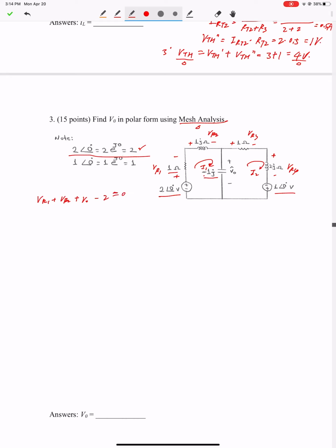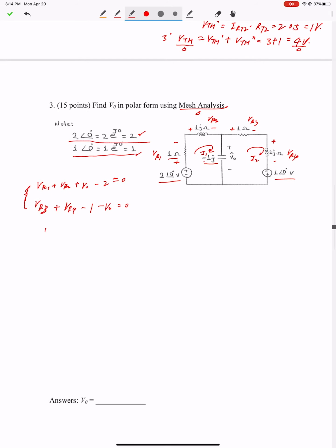That's the first KVL equation. The second one is VR3 plus VR4 minus 1 volt, because 1∠0° is equivalent to 1 volt, right? And minus V naught equals 0, right? That's 2 KVL equations for 2 meshes.